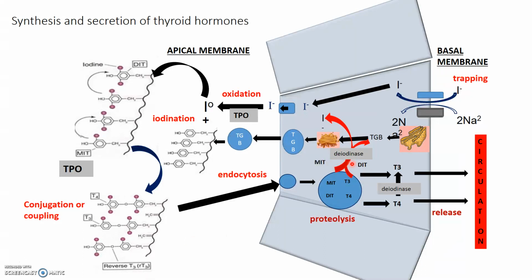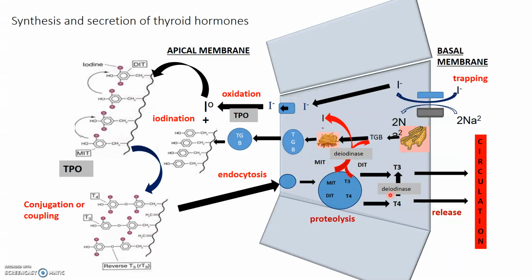This MIT and DIT will be catalyzed by the enzyme called deiodinase in order to produce I minus anion once again, and this I minus will go back inside. Another function of the deiodinase is to convert T4 to T3, because T3 is the active form of the thyroid hormone, and T4 is the inactive form. So in order to release the thyroid hormone, T4 would be converted into T3.